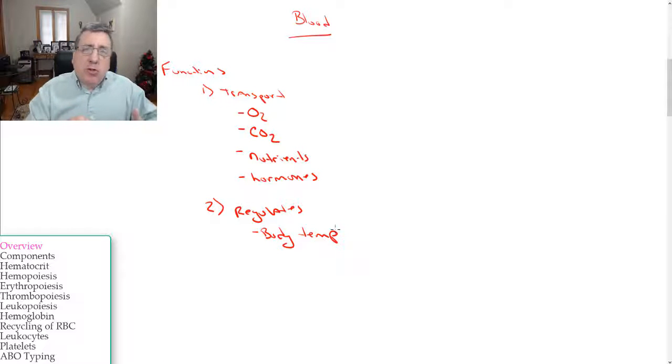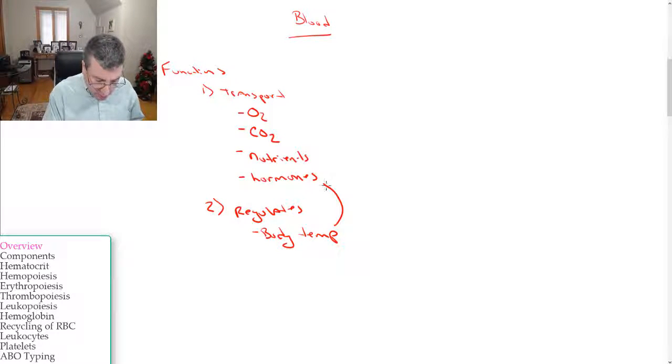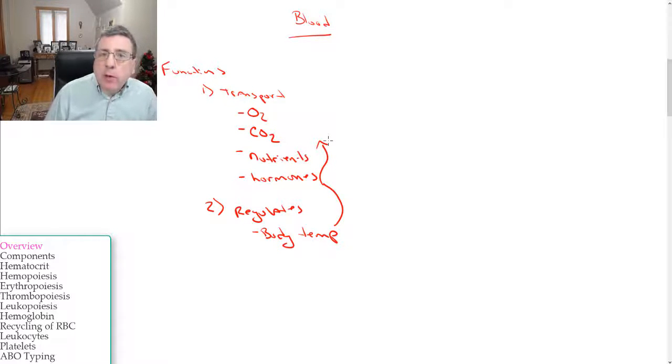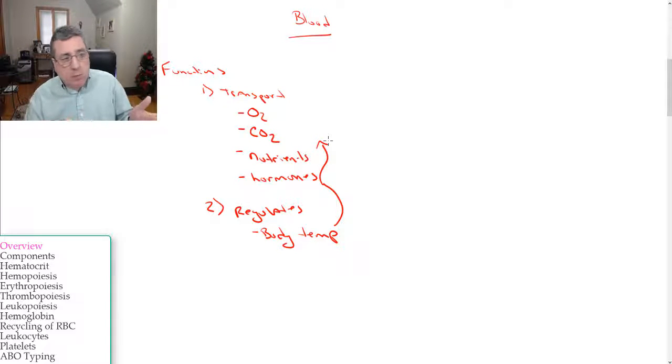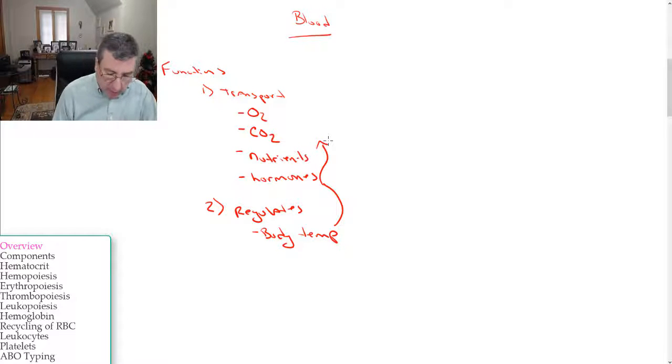When your body generates heat, the blood picks it up and then transports it to, say, the surface of your skin, if you're getting too warm, where it radiates off, or it transports it to other areas of the body that need warming up. So I guess you could say, as part of transport as well, it wouldn't be going under the hormones, but it would go under the transporting section as well. So it's transporting body heat to other areas of your body.